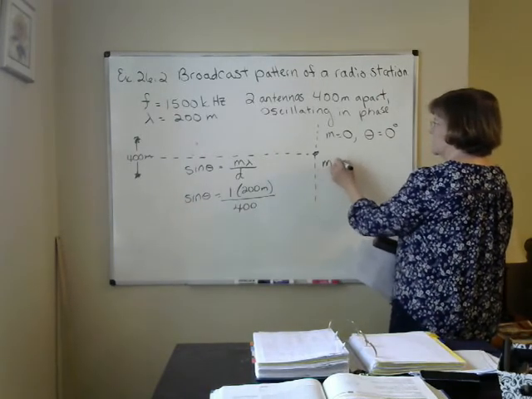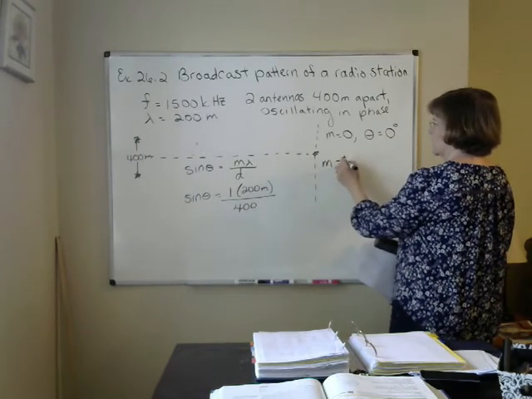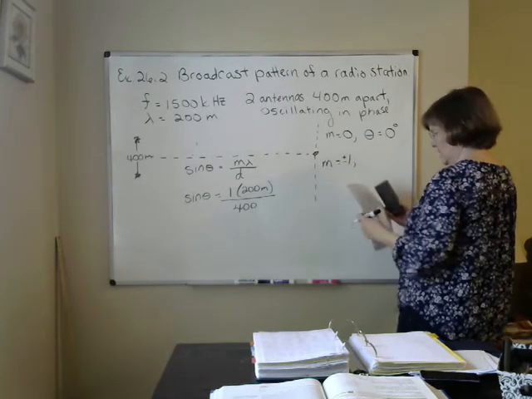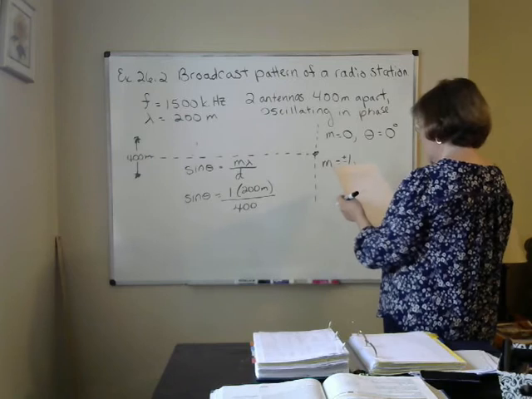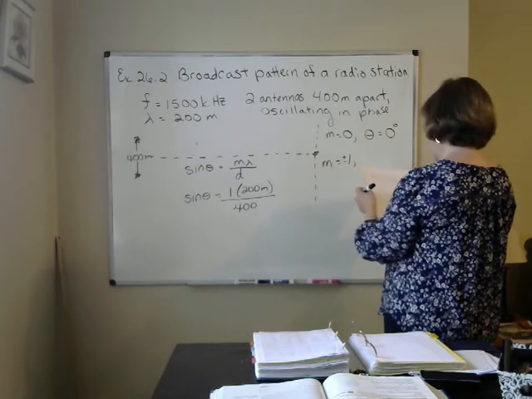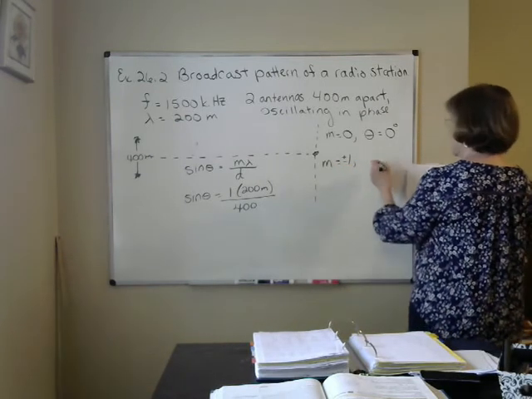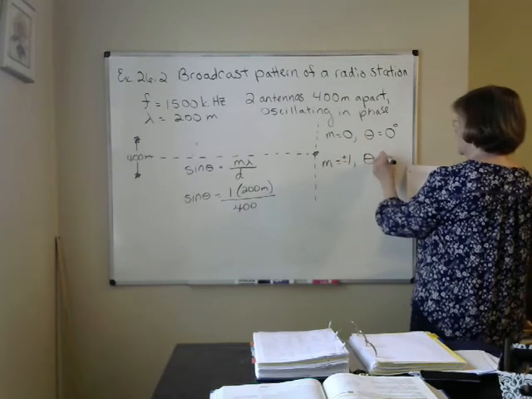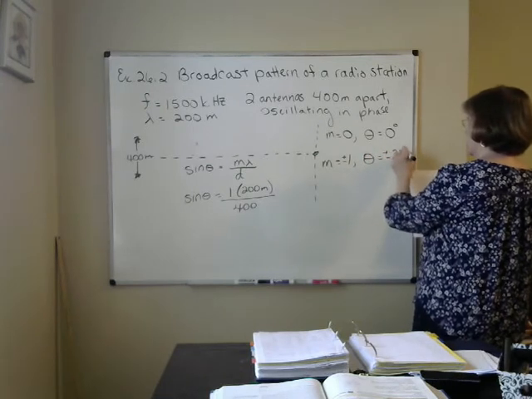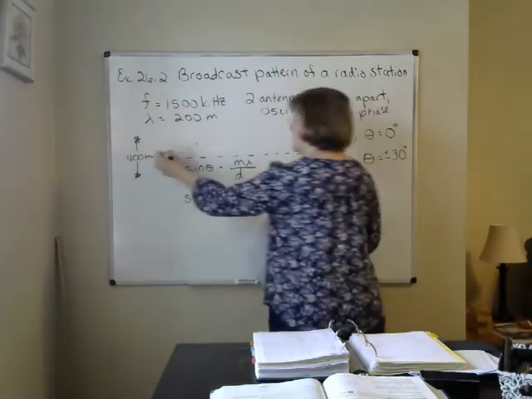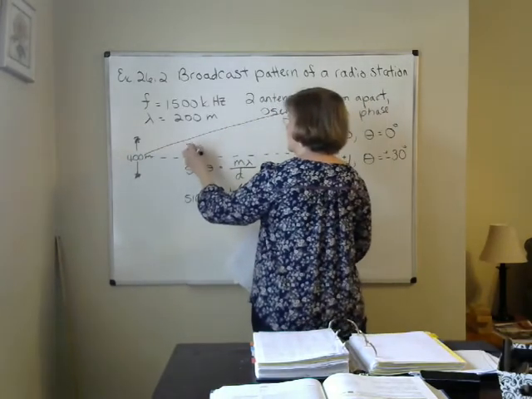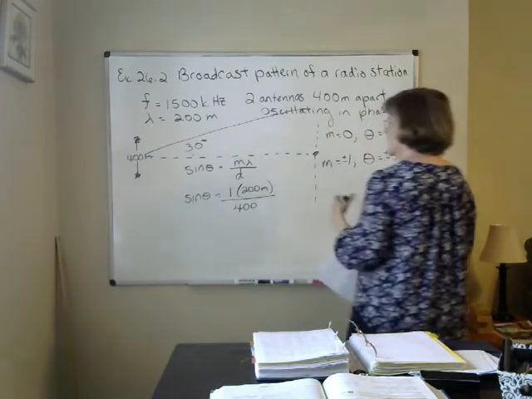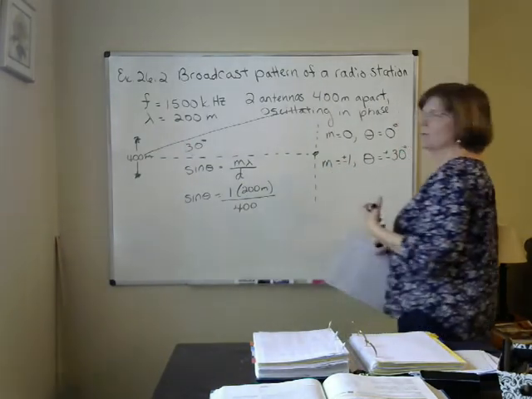So when m is equal to plus or minus 1, what we get is the sine inverse of plus or minus 1/2, and that comes out to be plus or minus 30 degrees. So if you happen to be listening at these points that are 30 degrees, you also are going to get a maximum signal.